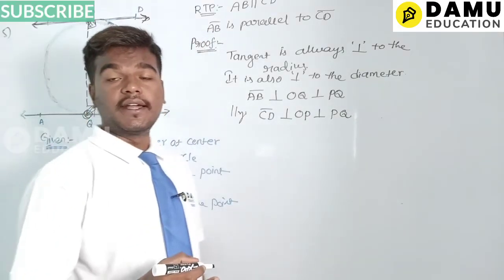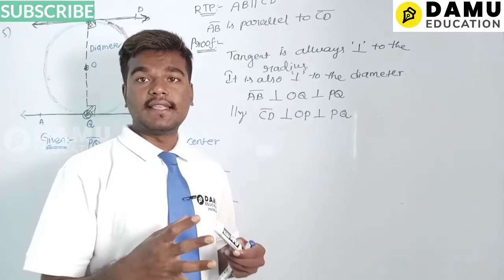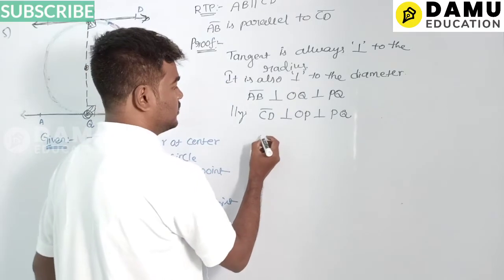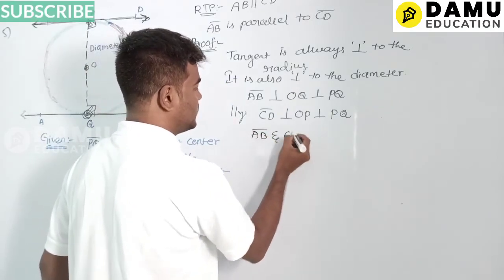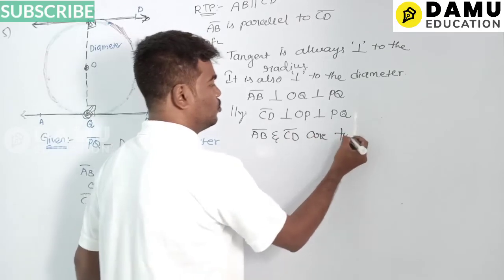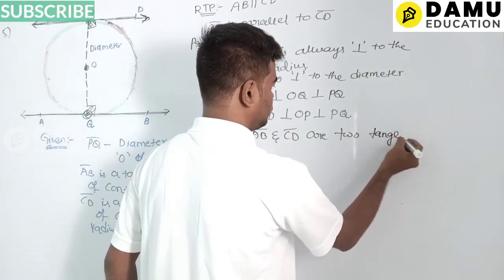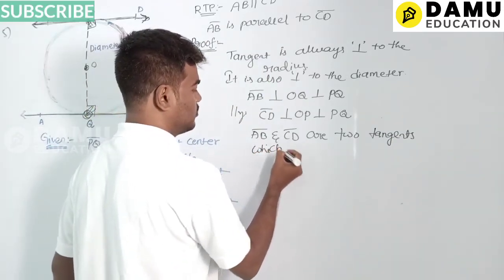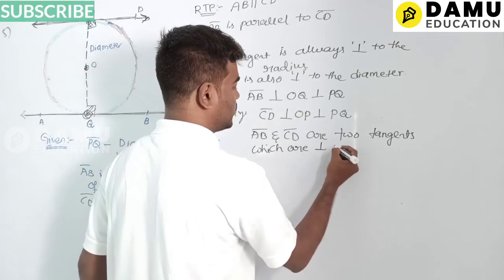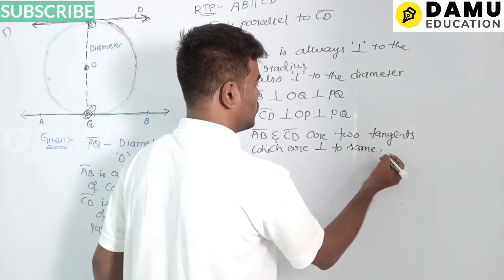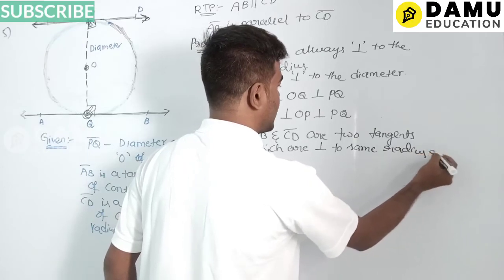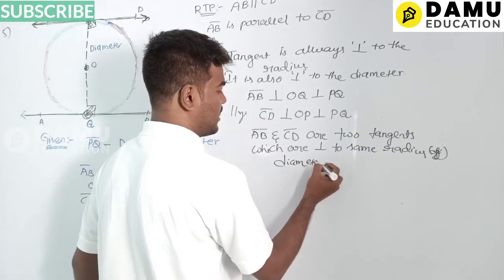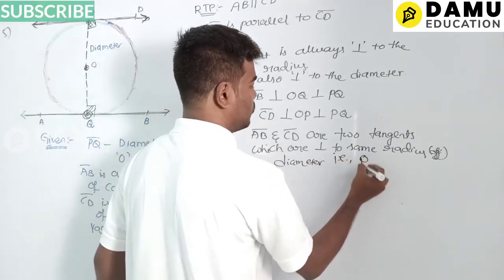So here two lines are perpendicular to the one line. So similarly, AB and CD are two tangents which are perpendicular to the same radius or diameter, that is PQ.